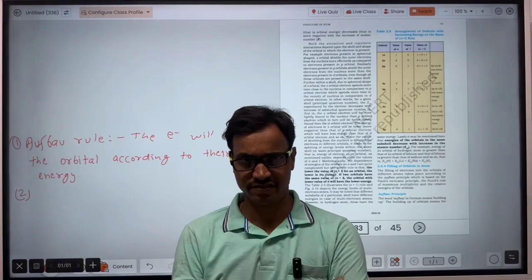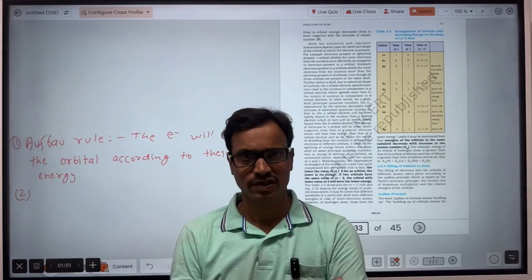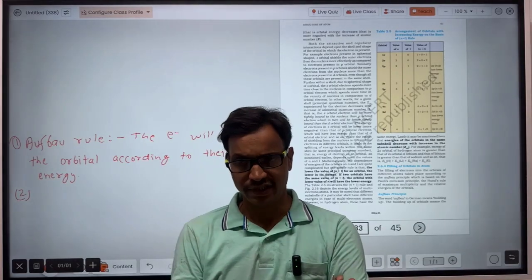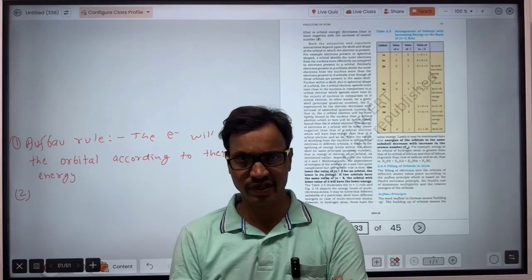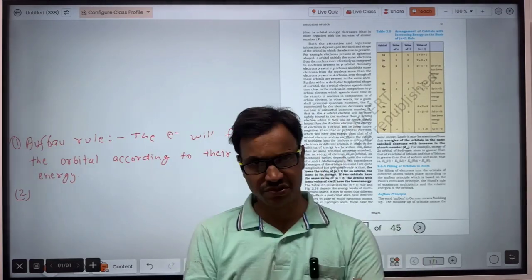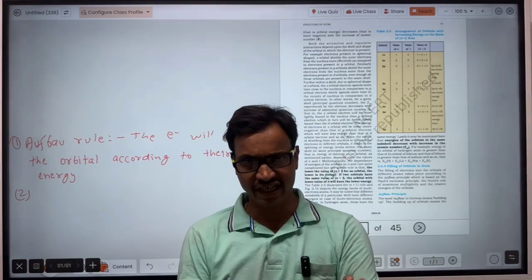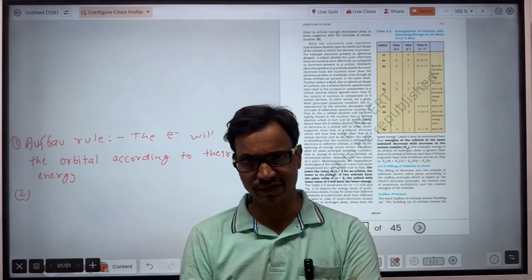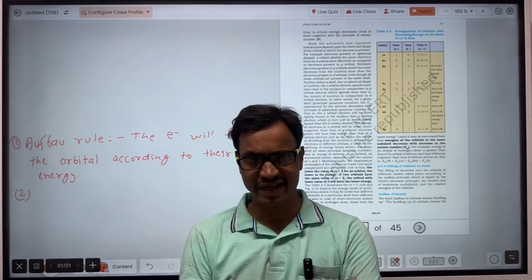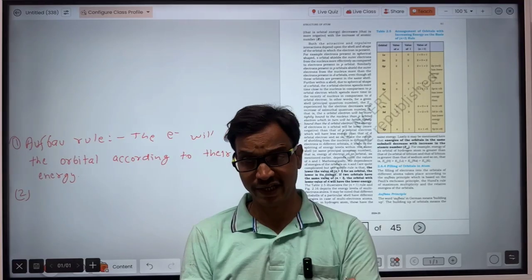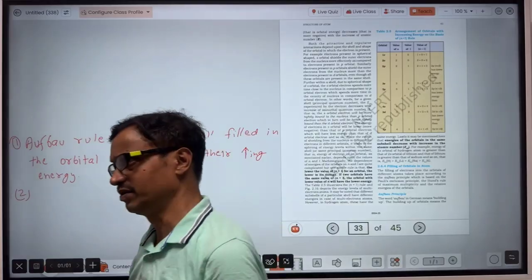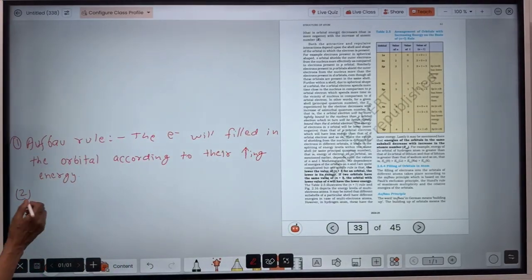So the statement of Pauli's rule can also be stated in other words: any orbital contains a maximum of two electrons and both will have opposite spin. That is Pauli's rule. So let's see Pauli's rule.